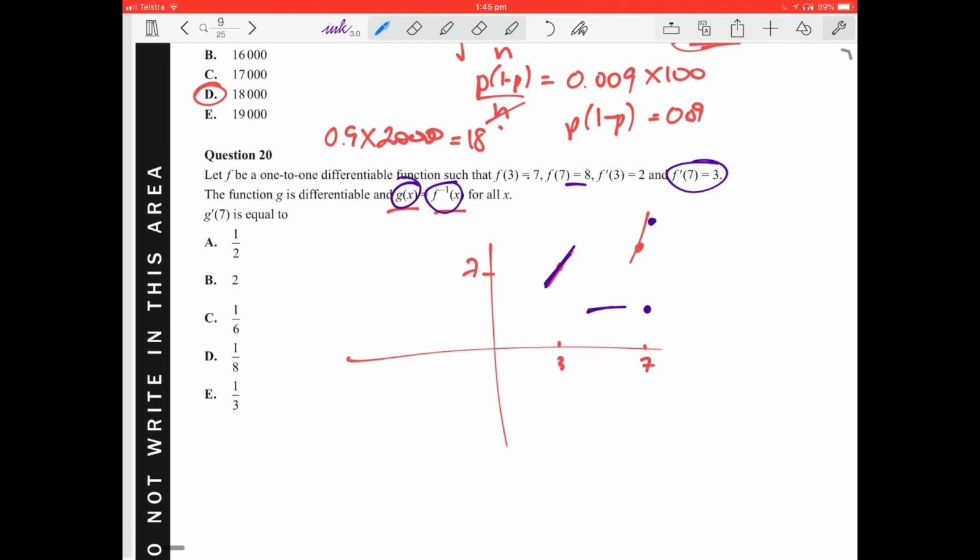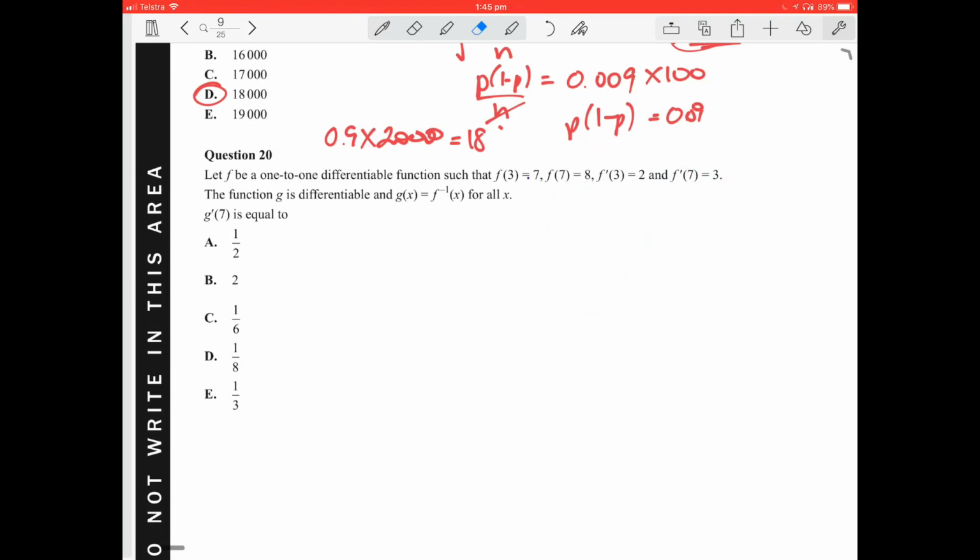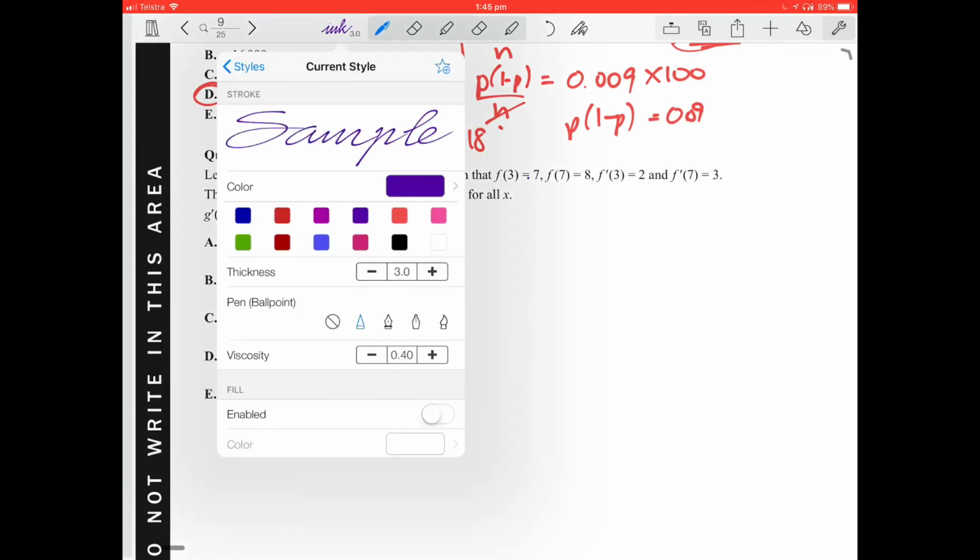G dash of 7, the derivative, let's try again. G of x is f inverse of x.